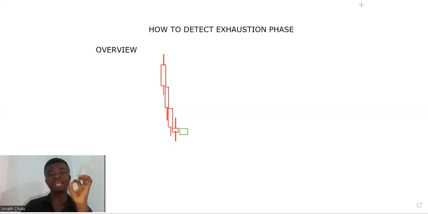This time around, it is a bullish candlestick, with this kind of wick. But what happened after the bullish candlestick? The market still didn't give us any decision that it is about to go up or about to go down. But with these two candlesticks that have been formed, it's already obvious that the market is gradually losing its strength. If you look at this candlestick, you see that it is massively bearish.